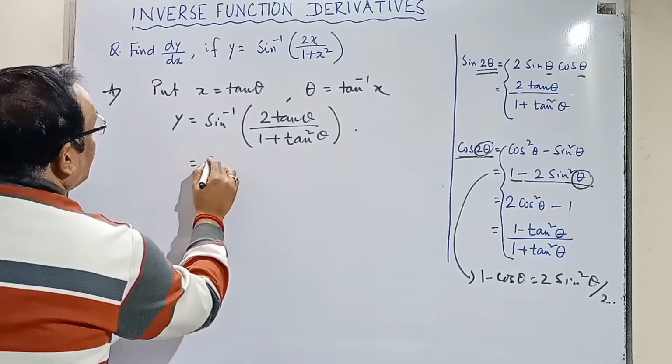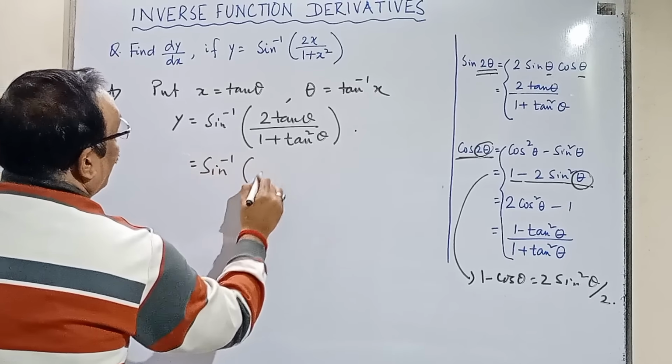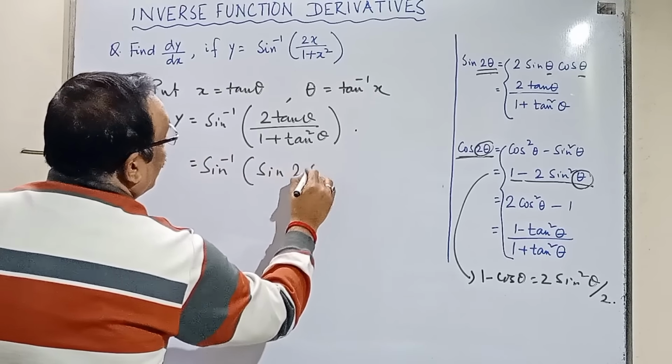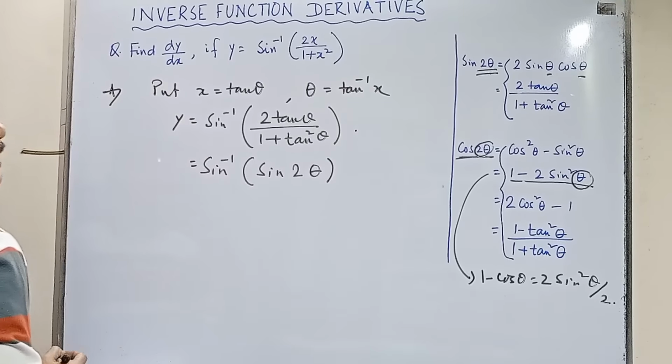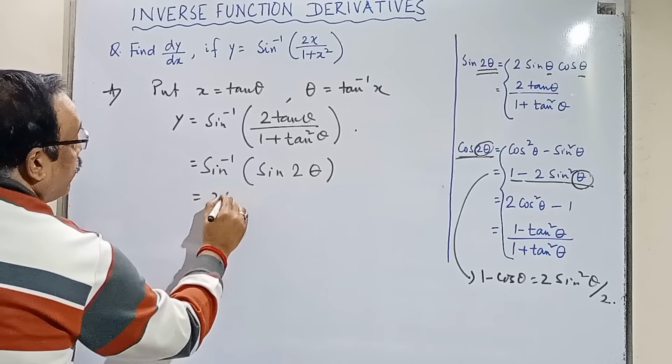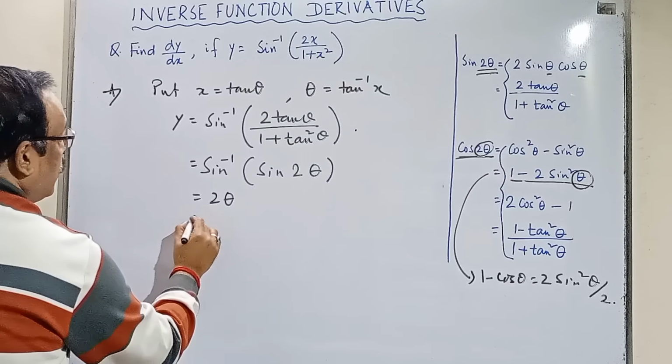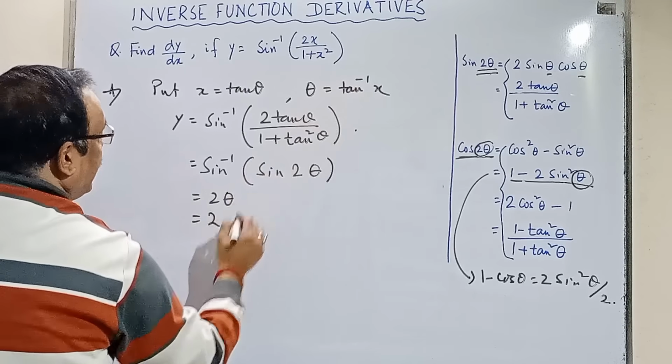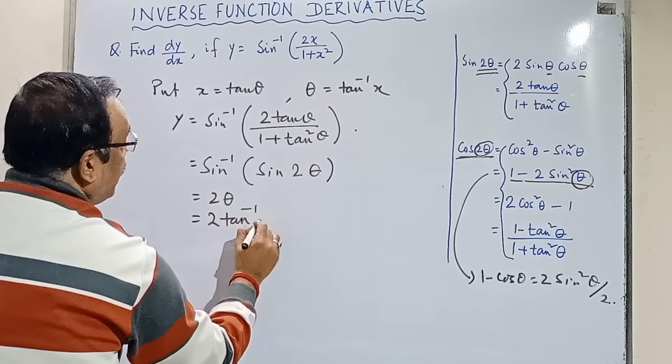So I can replace this one, sin inverse of sin of 2 theta. So by inverse trigonometric function, sin inverse sin 2 theta will be equals to 2 theta. So 2 into theta. Theta is tan inverse x. So 2 into tan inverse x.